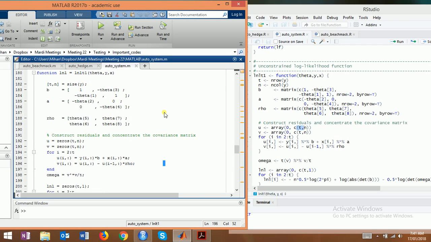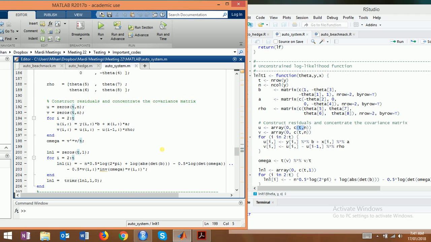The question is why N columns? Because we are dealing with multiple equations, and hence we are dealing with a multi-dimensional matrix.